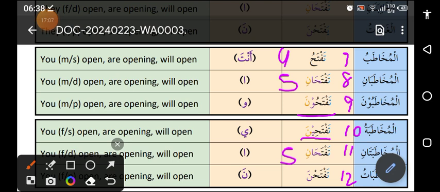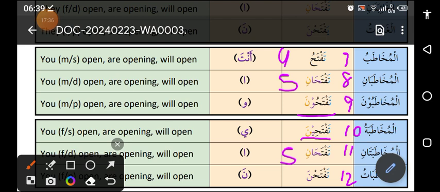The damair will also be the same as the verb itself. If I say taftahina, I don't say anta taftahina, I say anti taftahina, right? If I say, for example, taftahu, the siga number 7, I say anta taftahu. I don't say anti taftahu or antum taftahu. So antum will always be with plural.